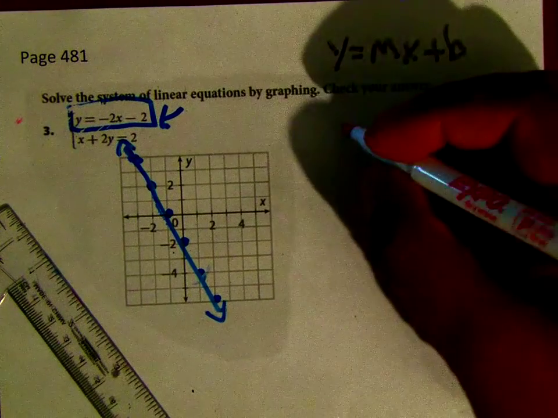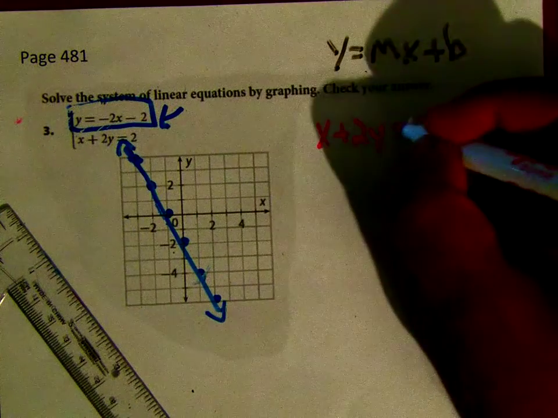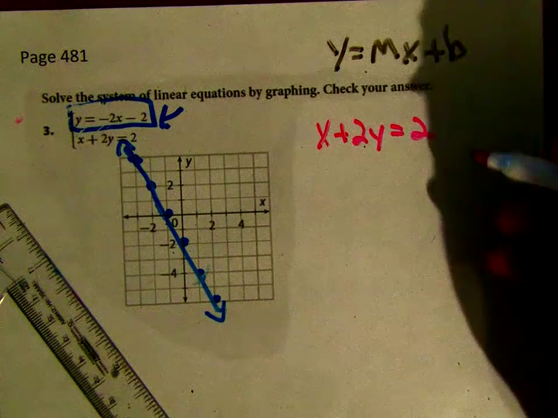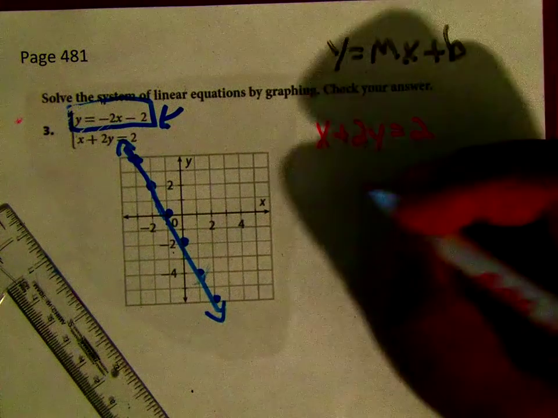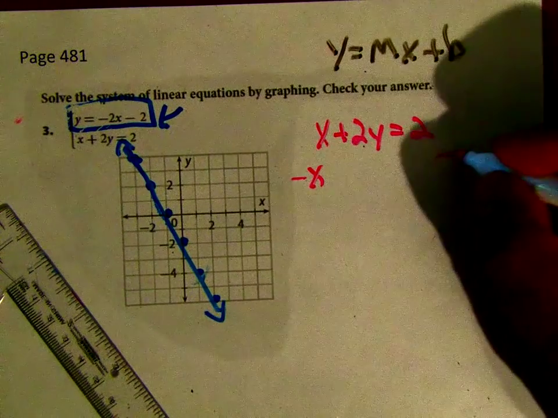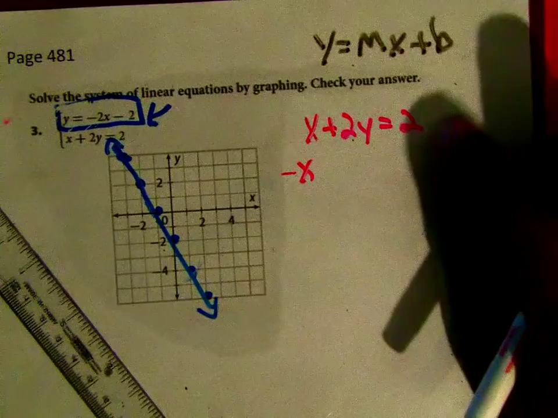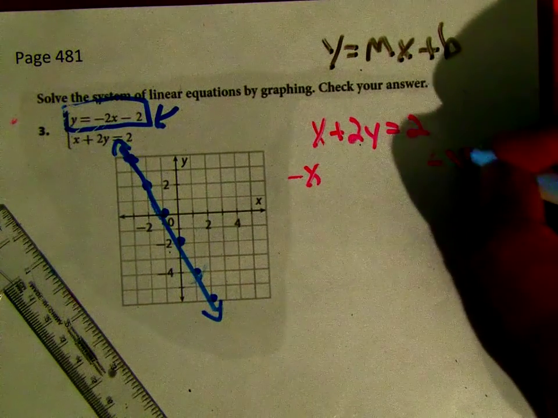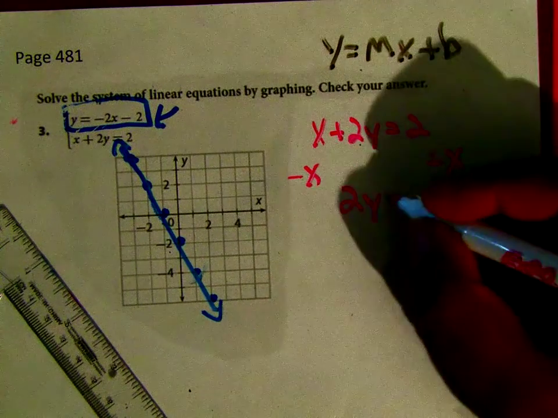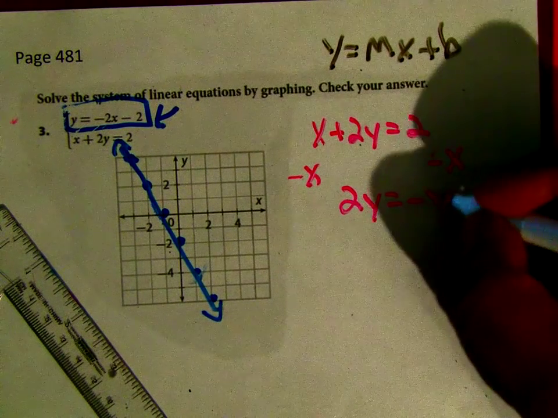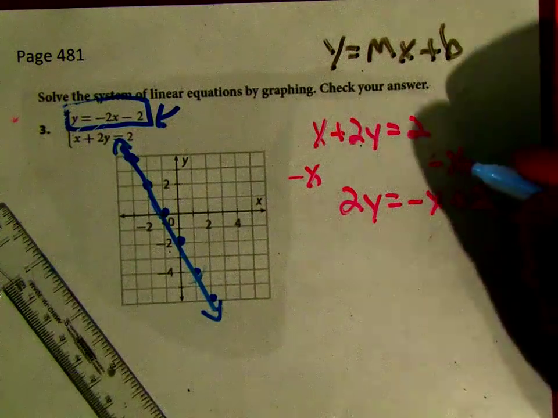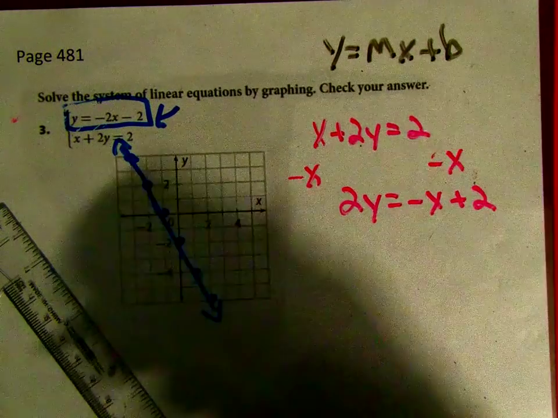My second one is x plus 2y is equal to 2. It doesn't look like y equals mx plus b, so I have to solve for y first. I'm going to do that by subtracting the x to get it away from the 2y. So subtract x on both sides. Then I bring down 2y, and then bring down my -x, and then my +2.